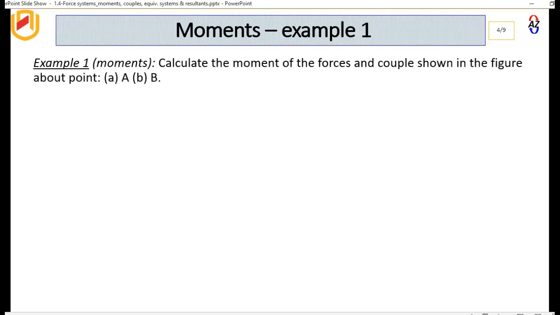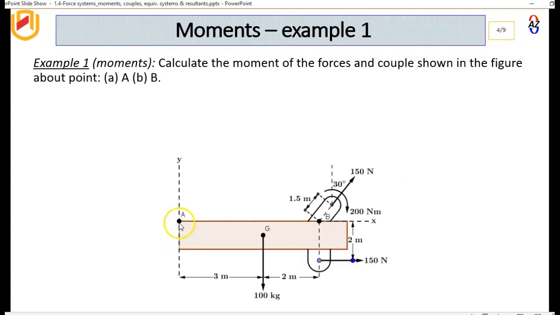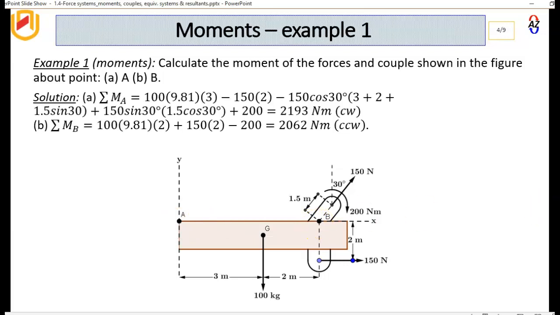Calculate the moment of the forces and couples shown in the figure about two points A and B, and this is our figure here. So we calculate about this point A and also about this point B. About the point A, if we take clockwise as positive, then we're going to get 100 times 9.81 times this distance 3, minus 150 times this distance 2, minus 150 cos 30 degrees, which is this vertical force here, times 3 plus 2 plus this distance, which will be 1.5 sine 30 degrees.